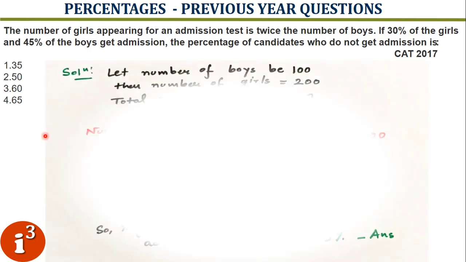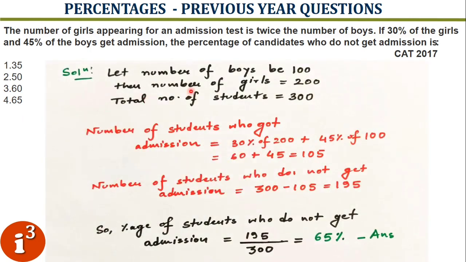Let's see the solution. Everything is given in percentage and no value is given, so it's better to assume values on your own.